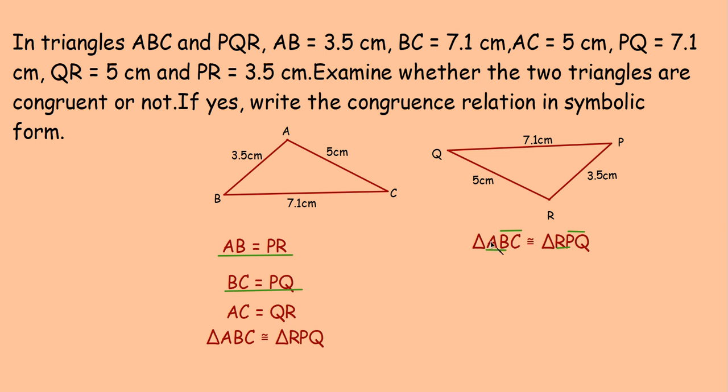Now the first and last, AC, here RQ. RQ you can write as QR also. That is AC is equal to QR. That means if the relation is given, you can find out the corresponding sides also.